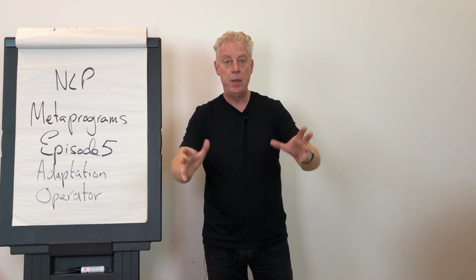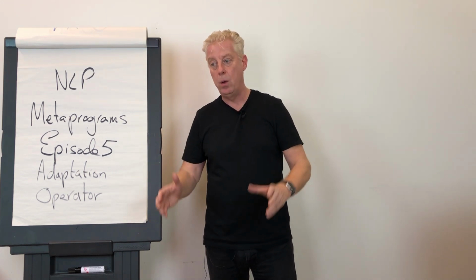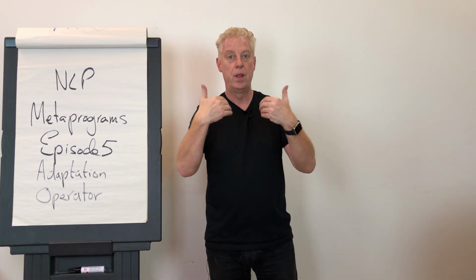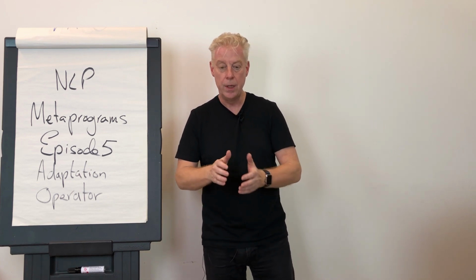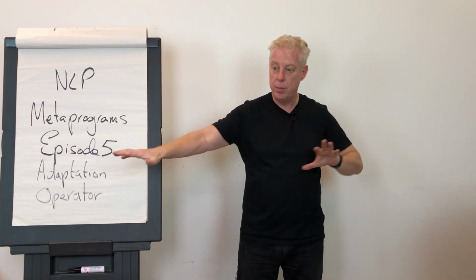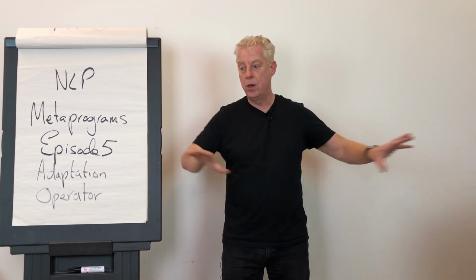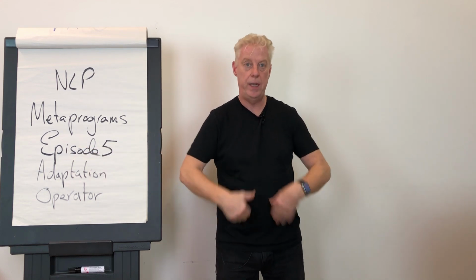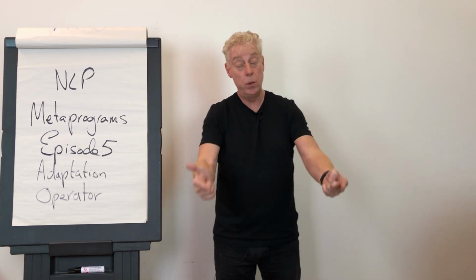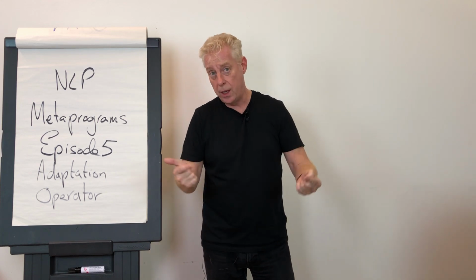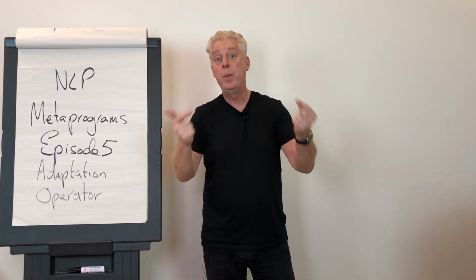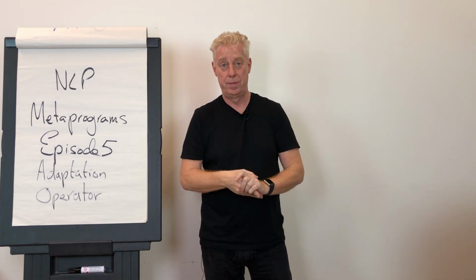As an NLP professional, it's about us being flexible. How do we become chameleon-like so we can take on the best of both worlds in our influence, but also utilize the best of both worlds when we influence ourselves?